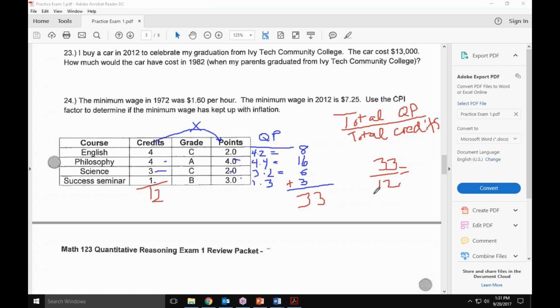Exactly. So the GPA for this problem is 2.75.